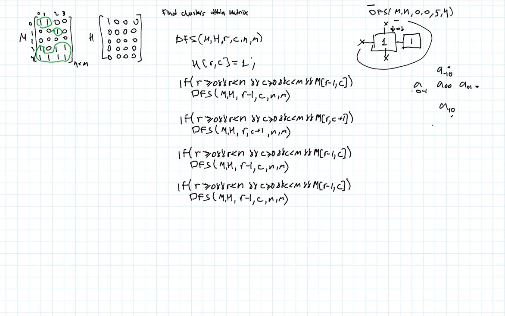We come here, you say r plus 1 and c, and then we come here, it will be r, c minus 1. Okay, so we were able to access all these queries.